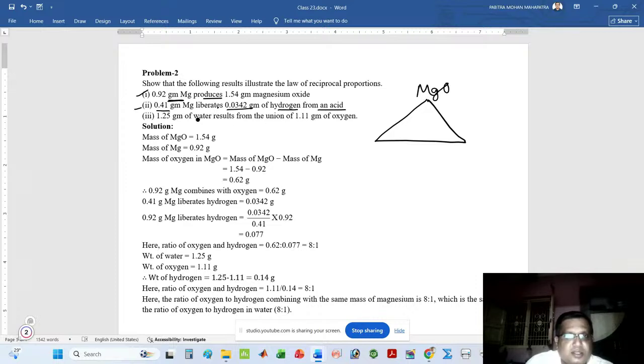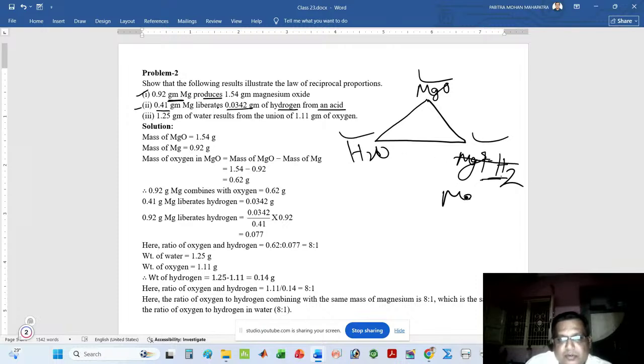That means here obviously you can think about magnesium plus hydrogen. Next, 1.25 gram of water results from the union of 1.11 gram of oxygen. Here water is present. Look at that, three compounds are present. Among the three compounds, two compounds have the same element.